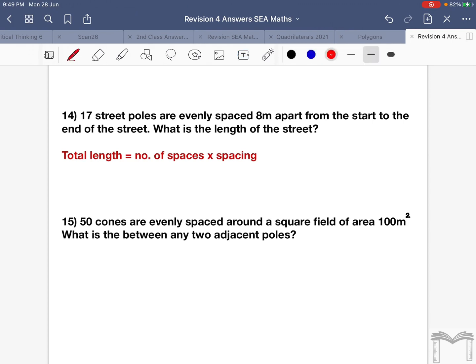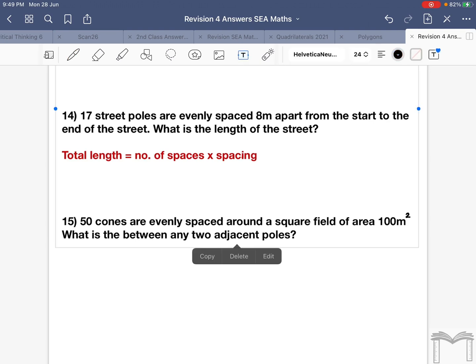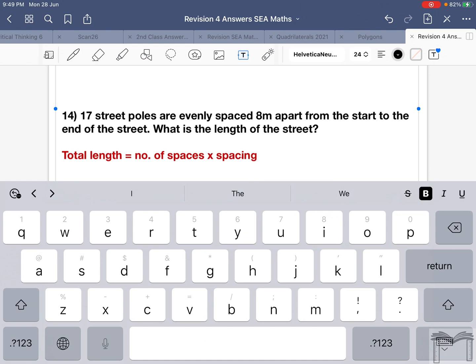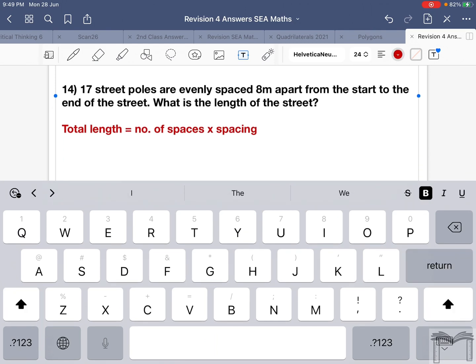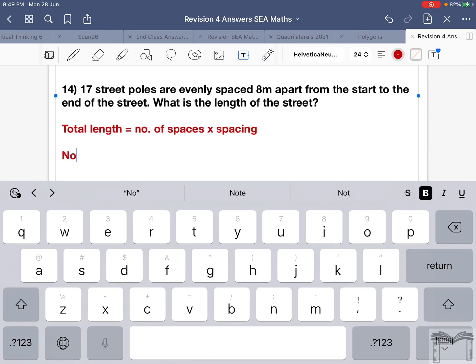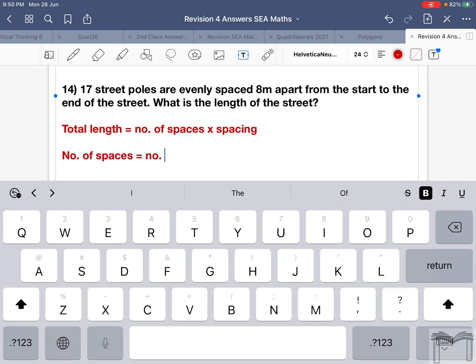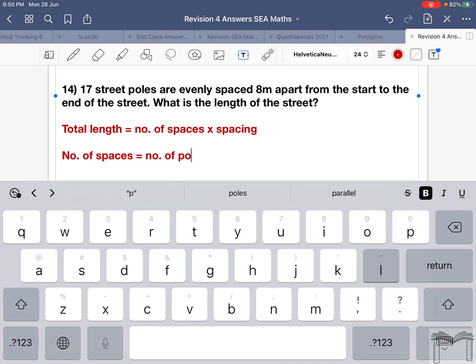So we have to determine the number of spaces. We were given the number of poles. The number of spaces is equal to the number of poles minus 1.